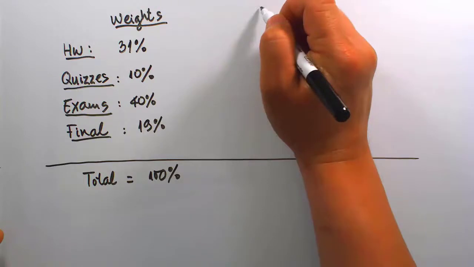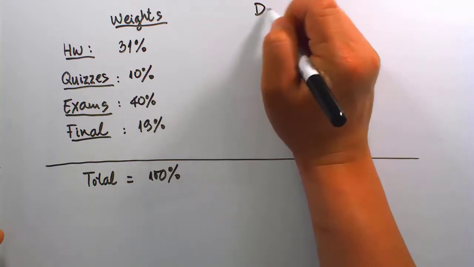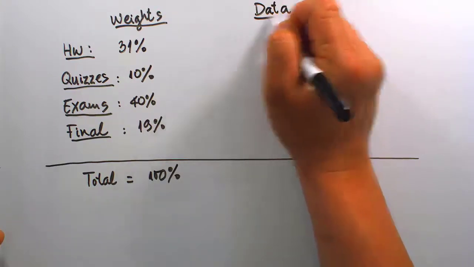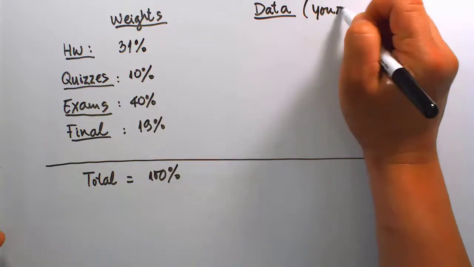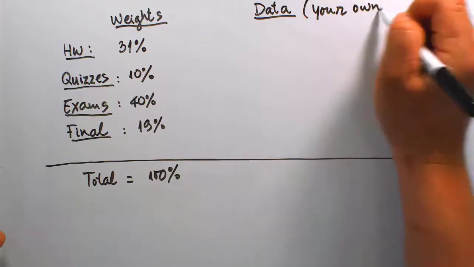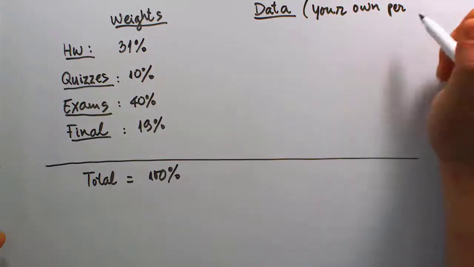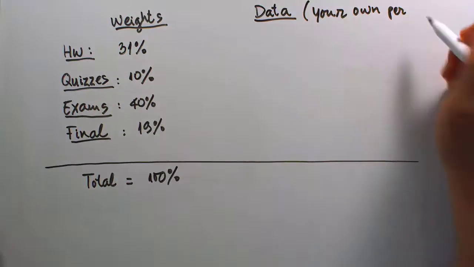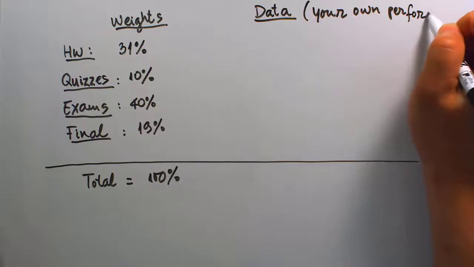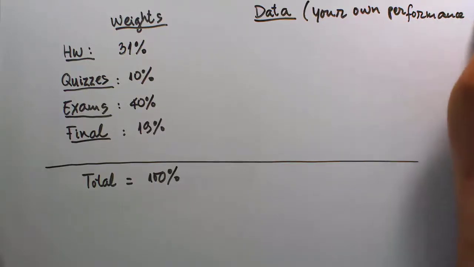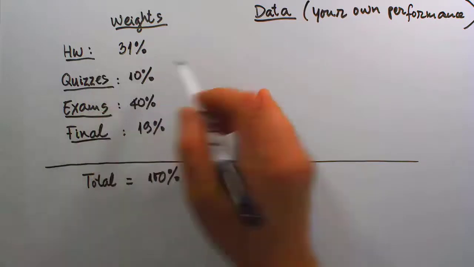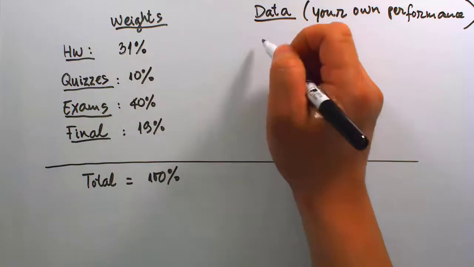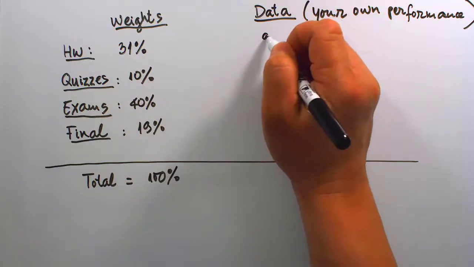And so this is the data that's supposed to be your own performance right here. So the data reflects the following, and I have to make a note. This is your own performance. So on the homework, after all homework, you have earned 90.